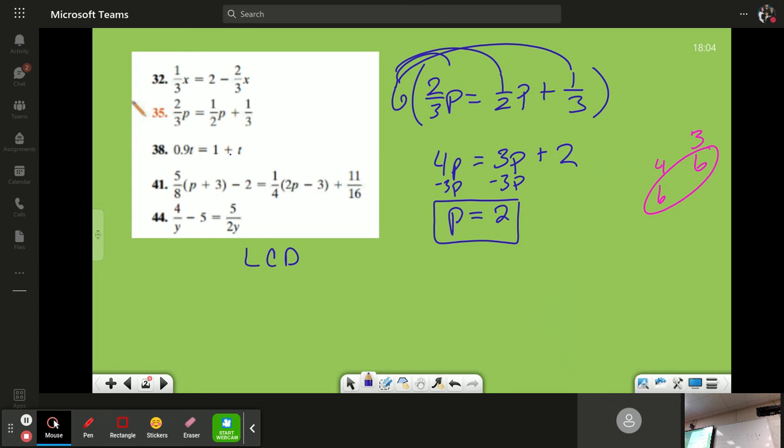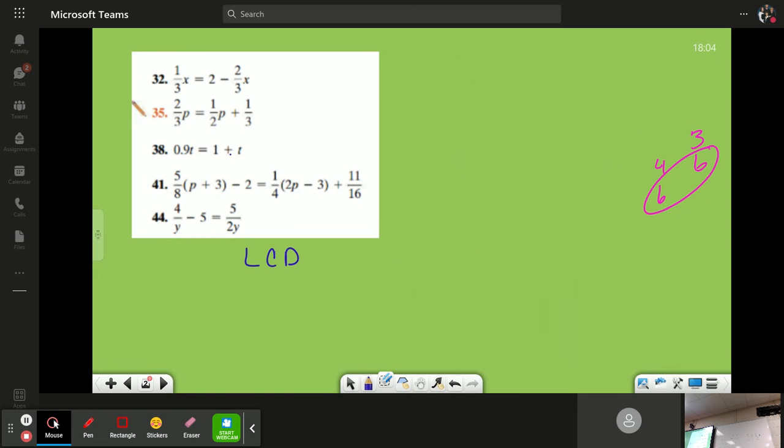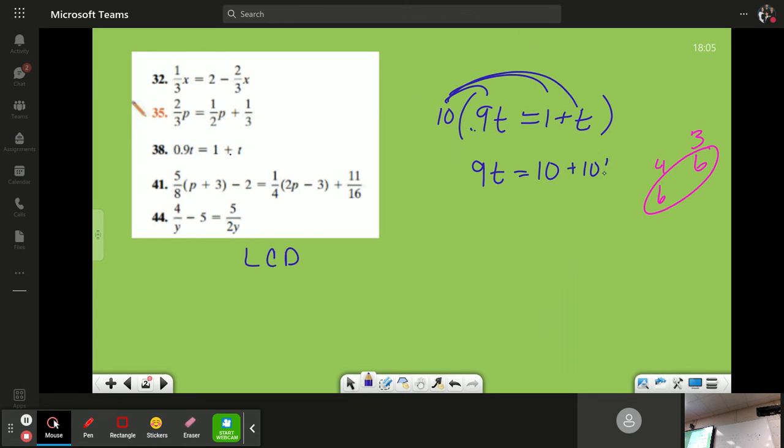So if I were to be looking for the LCD on that one, it would be 10, right? 10 times 9 tenths is going to be 9, and 10 times 1 is 10t.